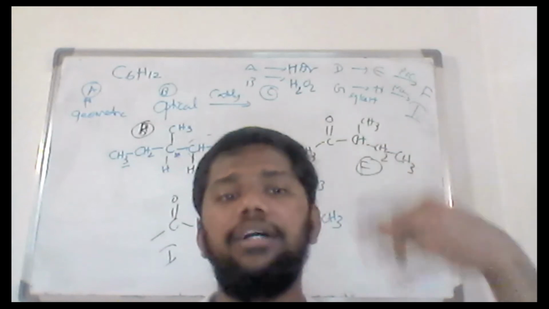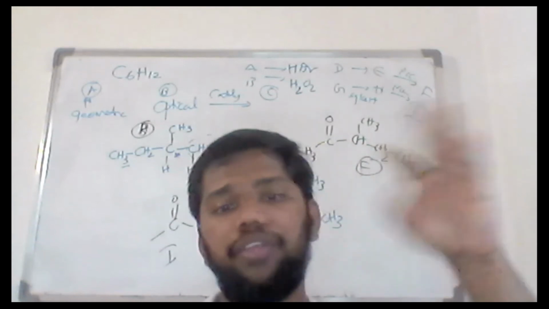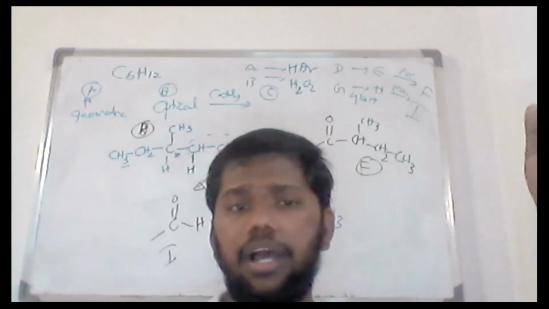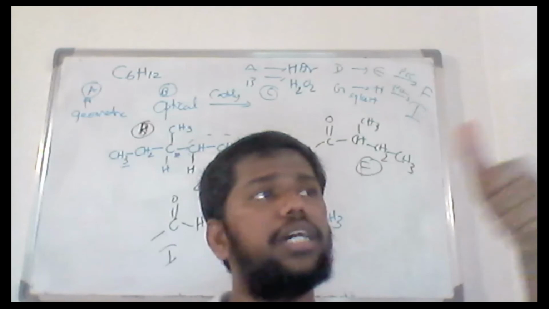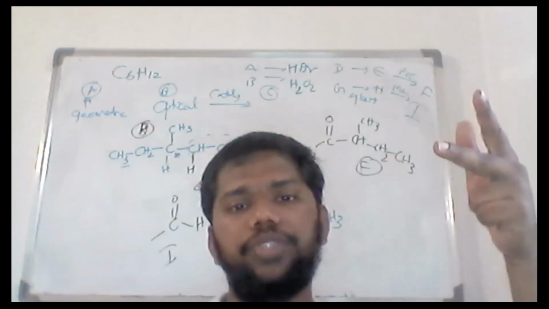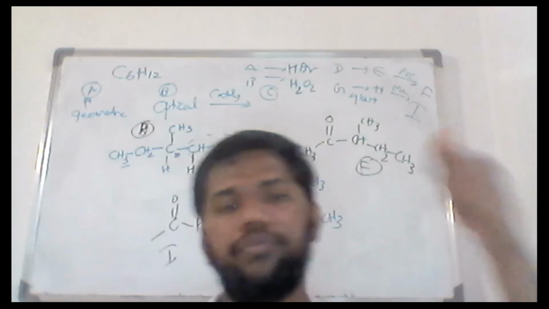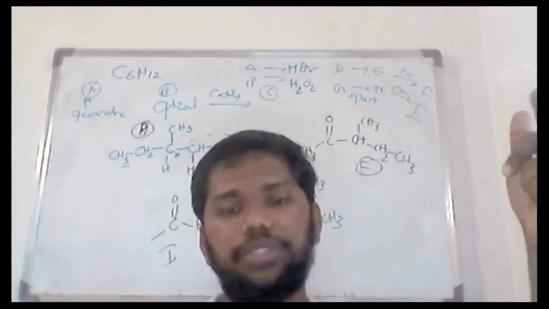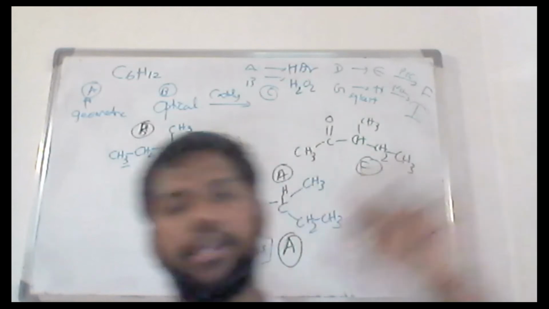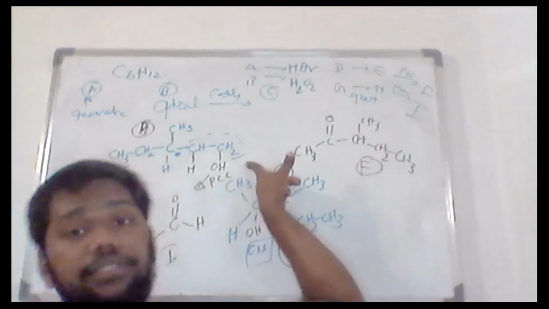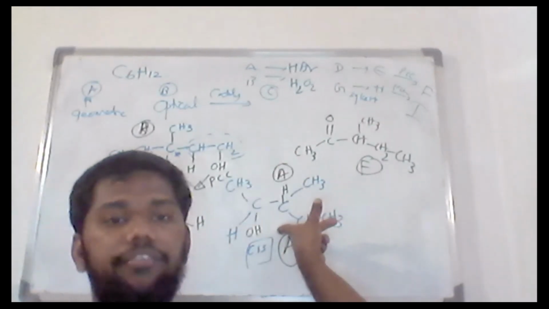In the isomerism part, when constitutional isomerism is considered, you consider the position, chain, and functional group. So here the functional group is the same, OH, alcohol, the chain is the same, only the position of the alcohol is different. Here the position is in the first carbon, and here it is in a different position.